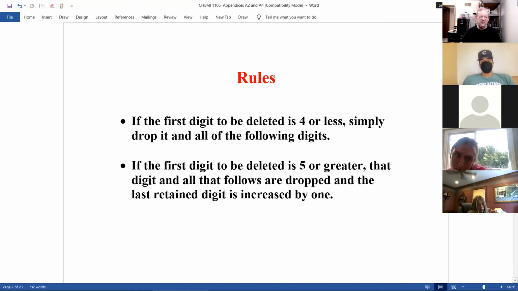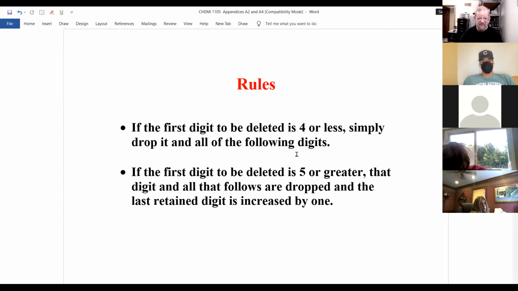Now, these rules are set up for a number that's in scientific notation, the first part. It's a little more interesting if it's not, but for this class, that's all we're going to do. So I'm going to teach you this way. So let's look at what we have to do.